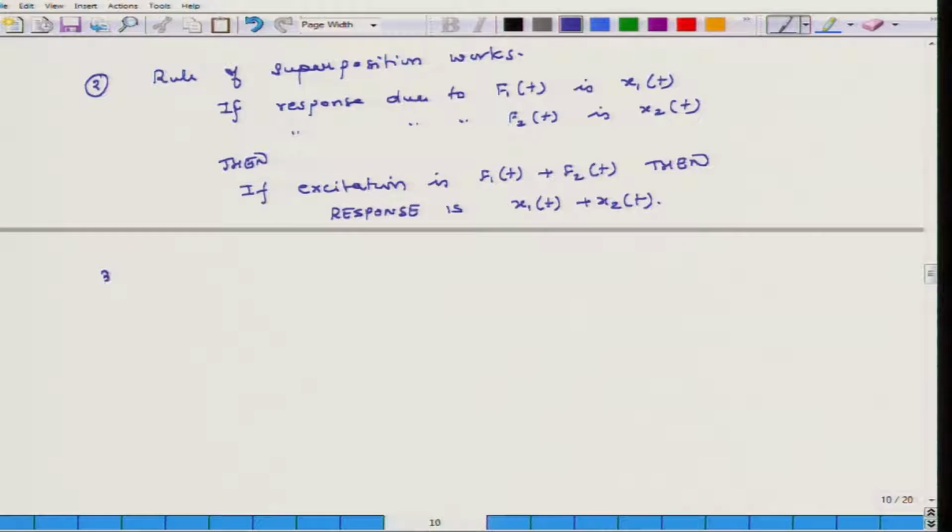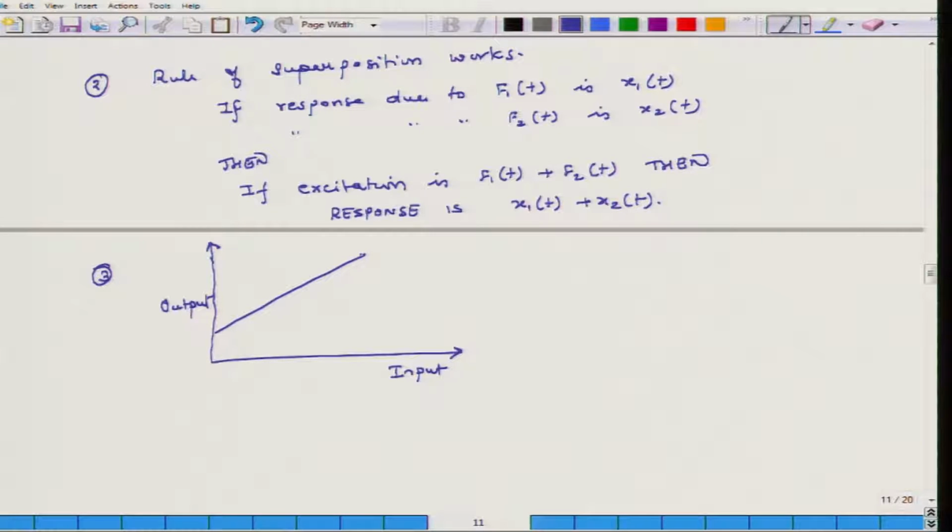And the third thing, and that is why we call these systems linear, is that if I plot input here, in general, and here I am plotting output, then this relation is going to be a straight line.